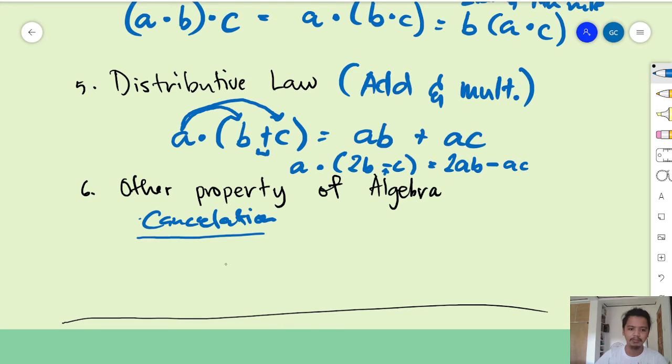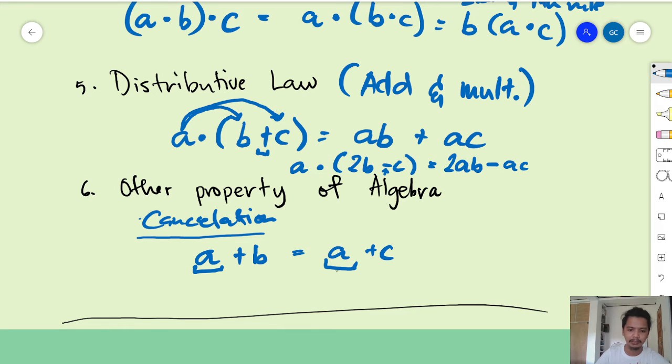So when we talk of cancellation, it works with formulas. Okay? So by formulas, let's say we have here A plus B, tapos this is equal to, sa kabilang side ng equation, meron kang A plus C. Pag meron tayong ganito, nakita nyo na pareha sila ng sign, pareha silang plus, tapos nakita nyo may magkatulad kayong numbers like itong A at saka itong A, tapos pareha sila ng sign at nasa magkabila silang side ng equation, ang nangyayari, pwede mo na siyang i-cancel.